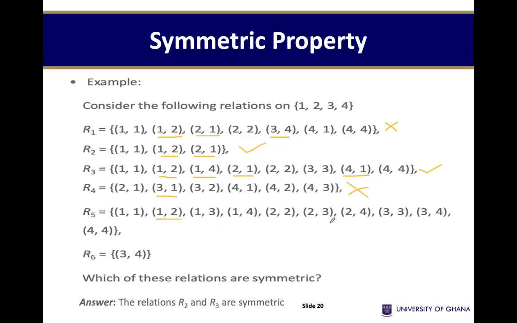No. So this one is out. And when 3 is related to 4, I'm not seeing 4 related to 3. So we can now conclude that R2 and R3 are the ones exhibiting the symmetric property.